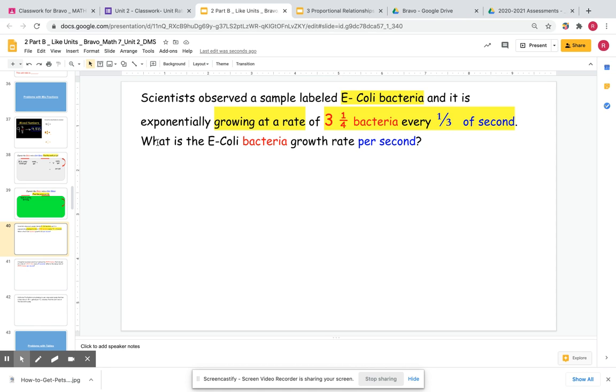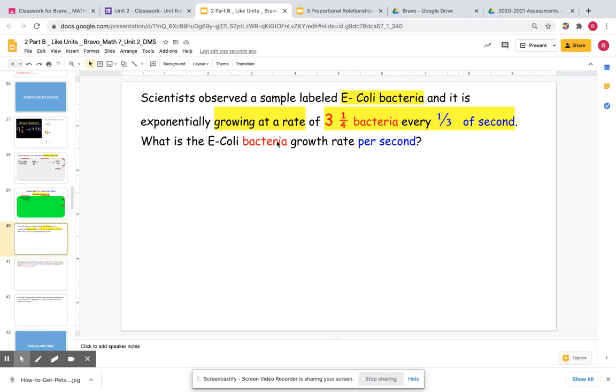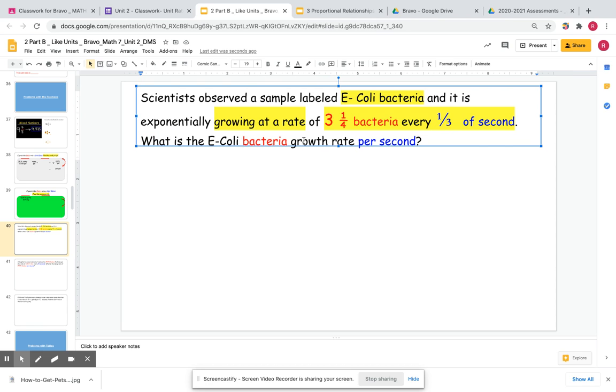I hope that you were able to tell me that the problem is asking you to find the growth rate per second. So basically, we want to know how many bacteria are growing in 1 second. That's what we're really interested in. And I'm going to underline it. By the way, this strategy is just annotating my problem.